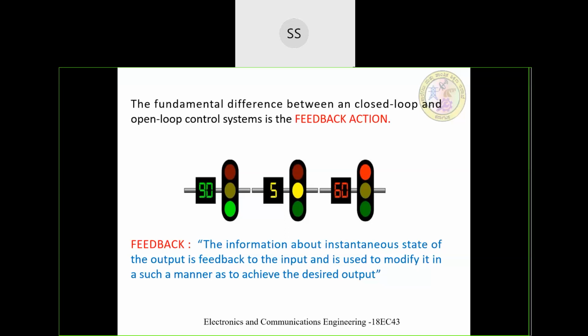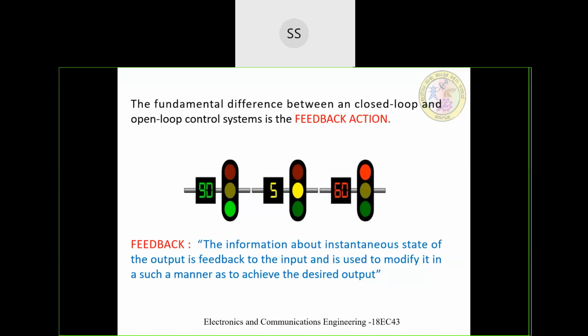But if there is a provision where the traffic lights change depending on the congestion, or depending on the distance at which the vehicles are coming, or depending on the density of the vehicles, then we can imagine that there is a continuous interaction between the time at which the lights are changing and the amount of traffic that we have.